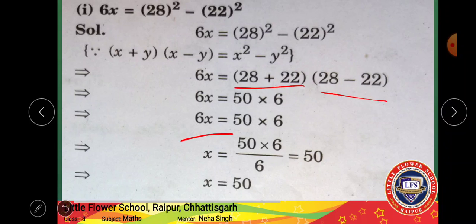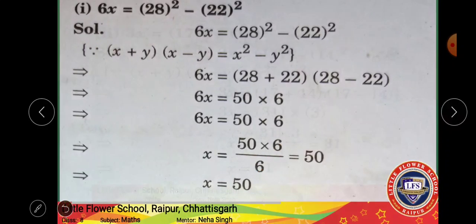So x value is 50 into 6 upon 6. This 6 and this 6 will be cancelled. So the value of x will be 50. Is it clear?